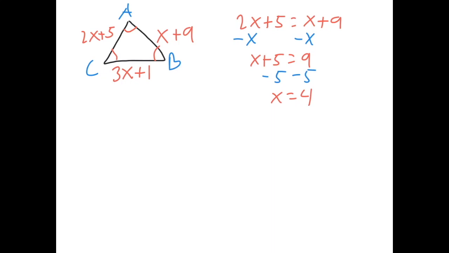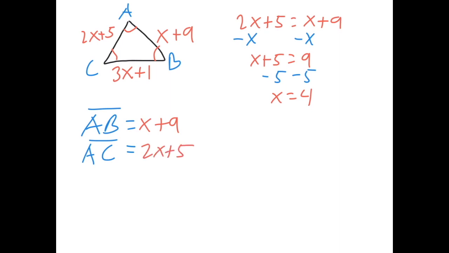So we know that side AB is x plus 9, side AC is 2x plus 5, and side BC is 3x plus 1.